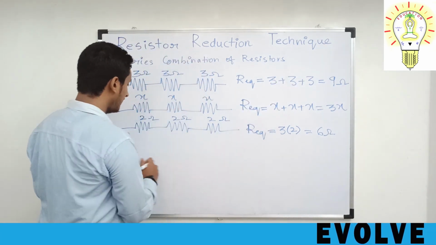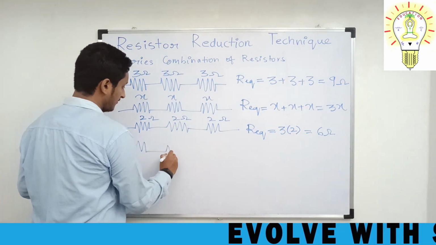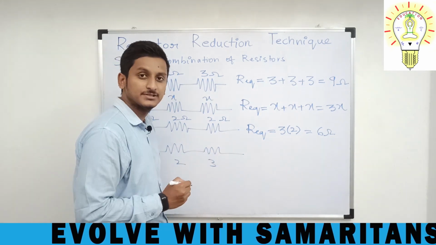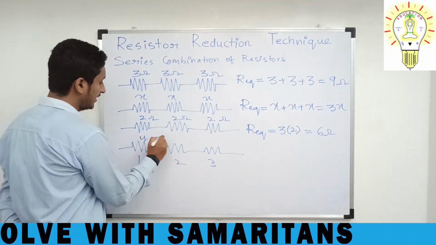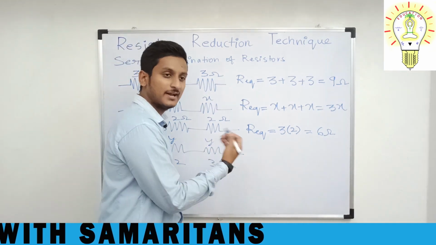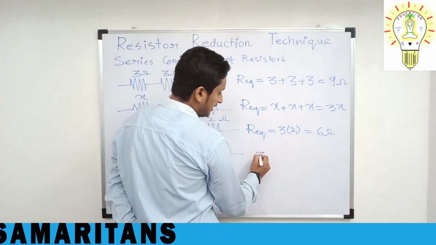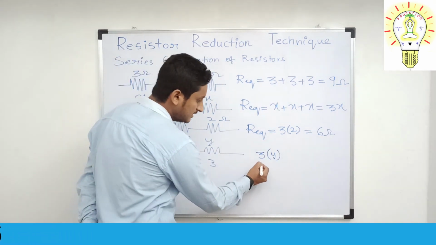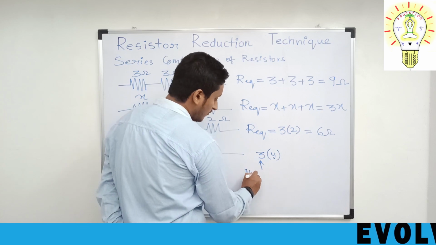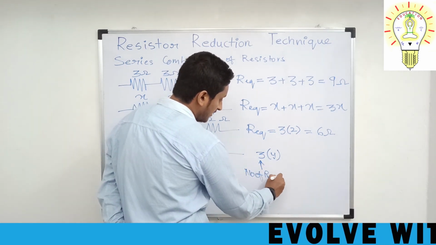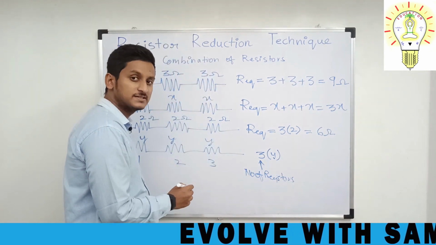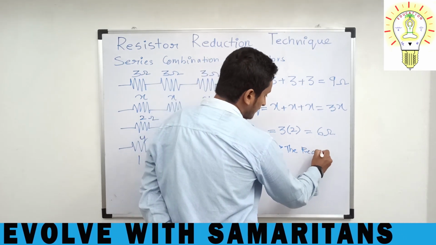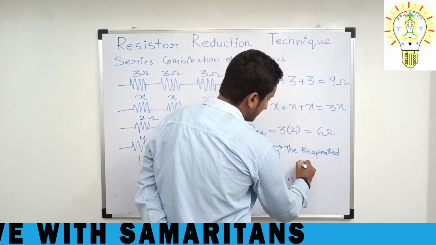That is, if I take 1, 2, 3 resistors and that resistor value is Y, Y, Y. Now how can I write the formula? There are 3 resistors and what is the value of the resistor? That is Y. Now this is the number of resistors which are connected in series, and this Y is the repeated resistance value.